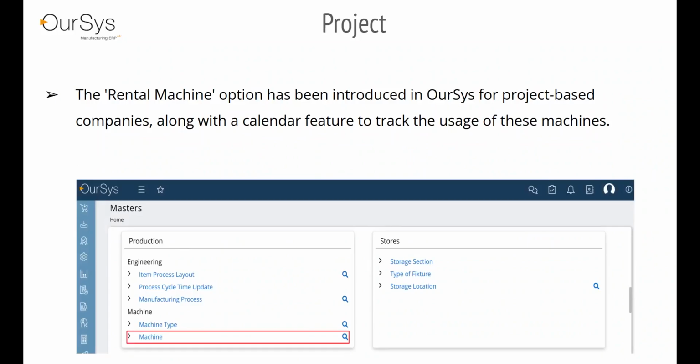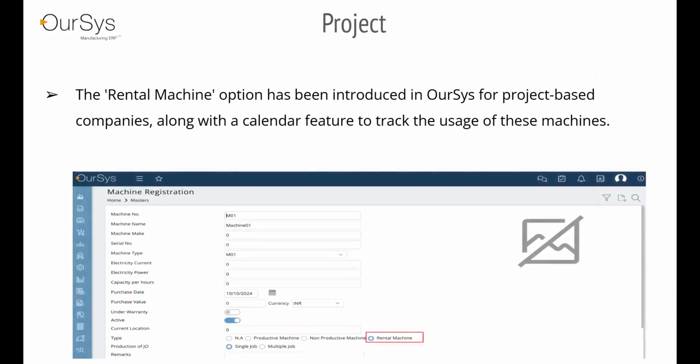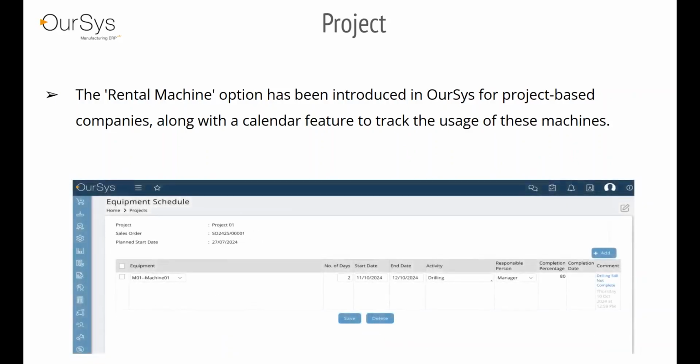So in the master of the machine, here you can see we have given a provision where you can mark the machine as either a productive machine or a rental machine. Now, when the machine is marked as a rental and you are planning a project, here in the shortcut link we have given a provision called equipment schedule.